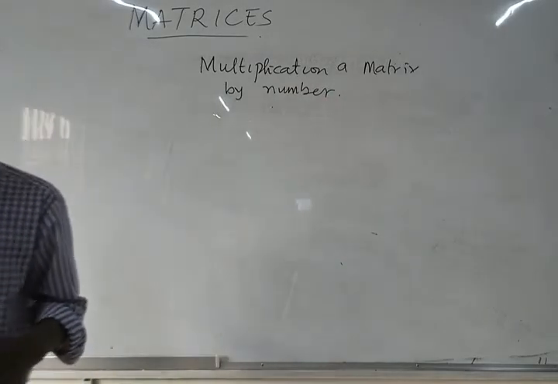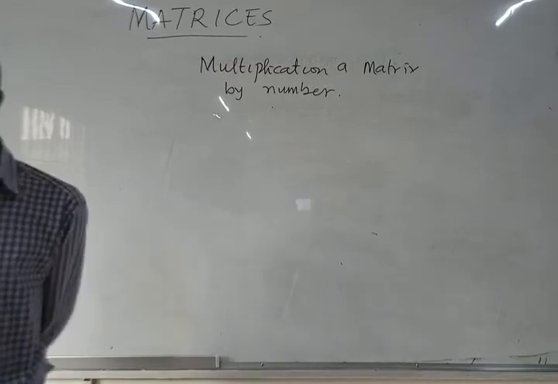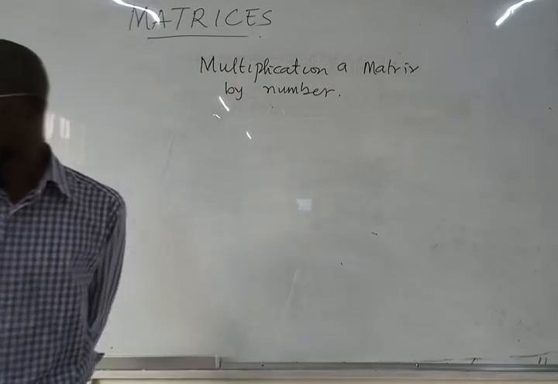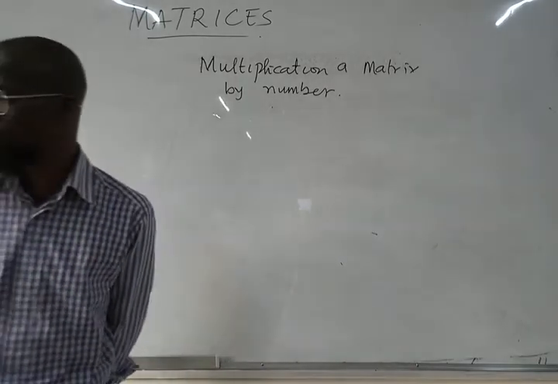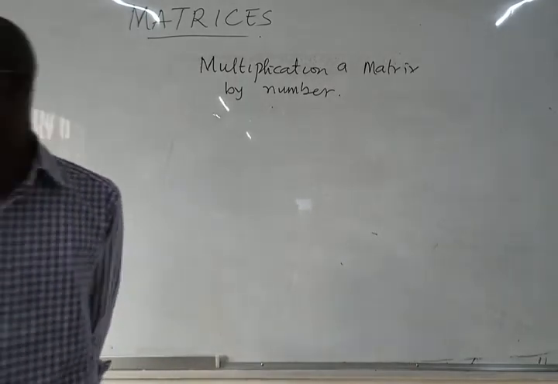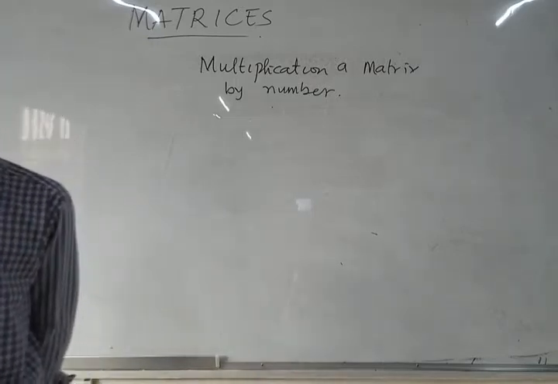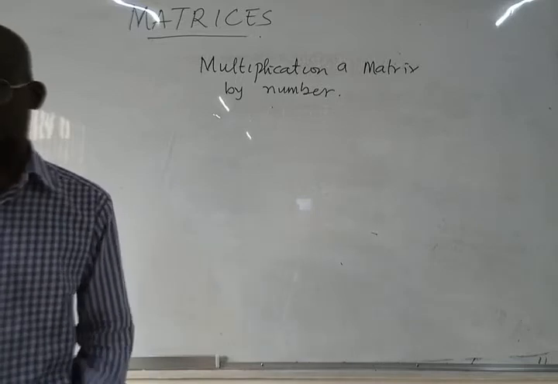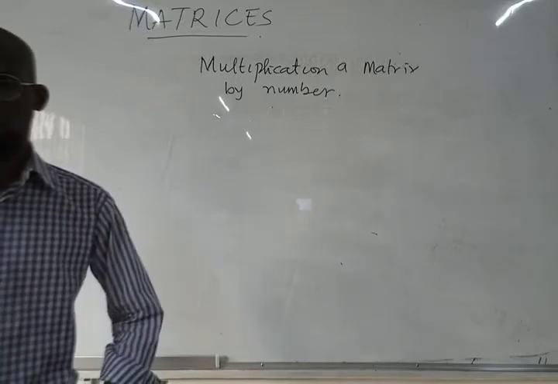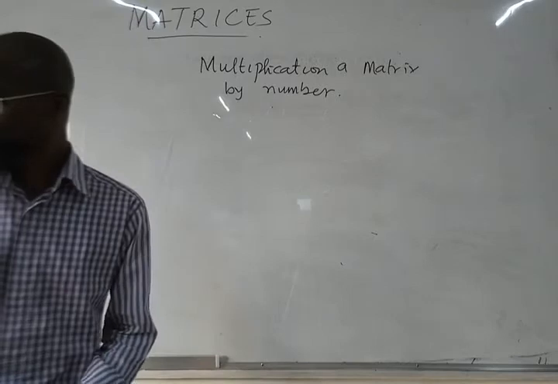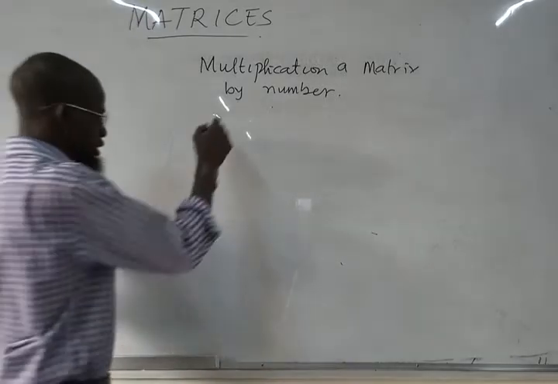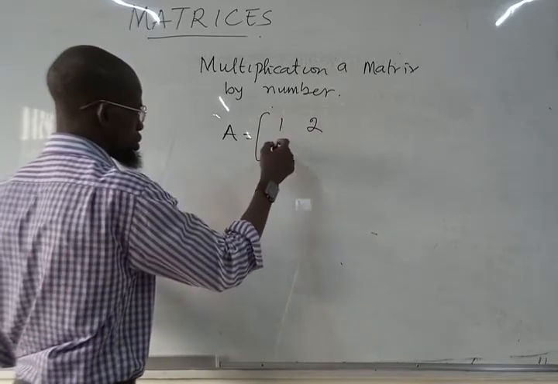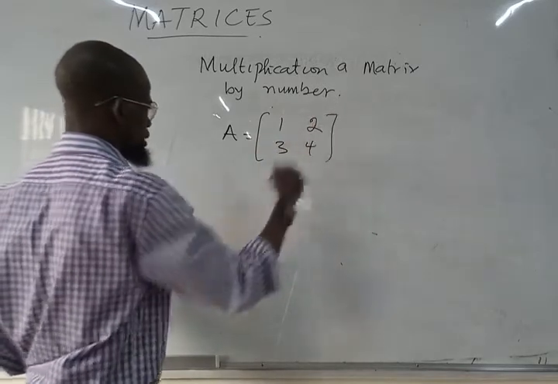There is also a natural way of defining the product of a matrix with a number. Using matrix A above as an example, A is equal to 1, 2, 3, 4.